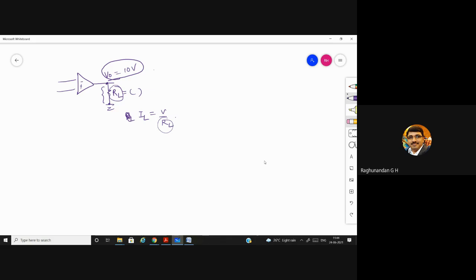At this level, what is the voltage we have? 0. So 10 minus 0 is equal to 10. So the load voltage will be equal to 10 and RL, whatever value you have got. This is how you are going to find the load current. So output voltage is the load voltage. Output voltage will act as the load voltage.